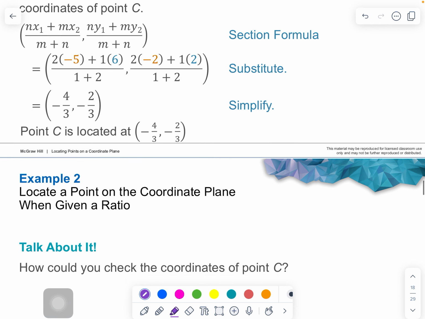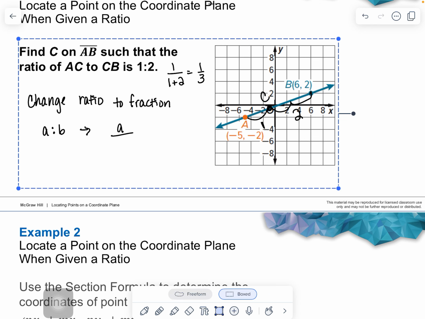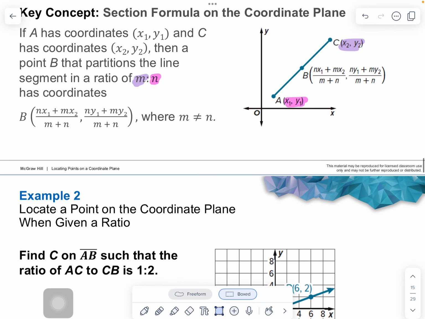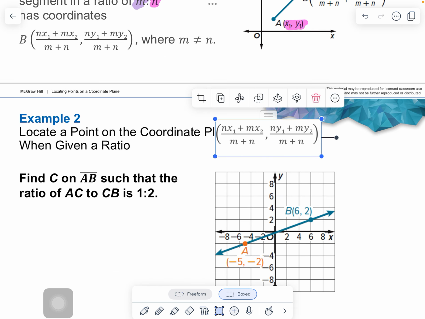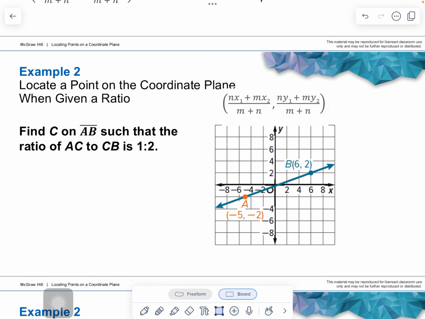So let's go try it. I'll go ahead and erase all this stuff off here. I'll go grab this and copy, bring it down here. So we've got it. And then we're going to go ahead and write that this is m, this is n, this is x1 and y1.